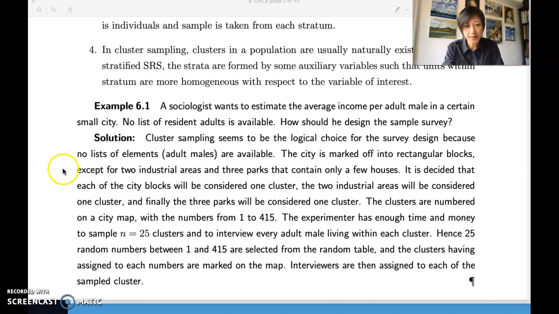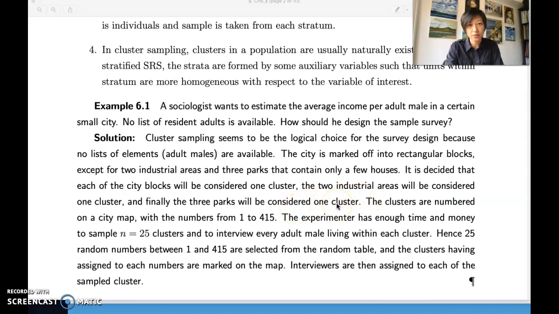So if we look at the map, we can easily divide it into some rectangular blocks, some industrial areas, and 3 parks. So we decide to divide the population into clusters: one cluster would be all the city blocks, some of the industrial areas would be another cluster, and the parks would be another cluster.